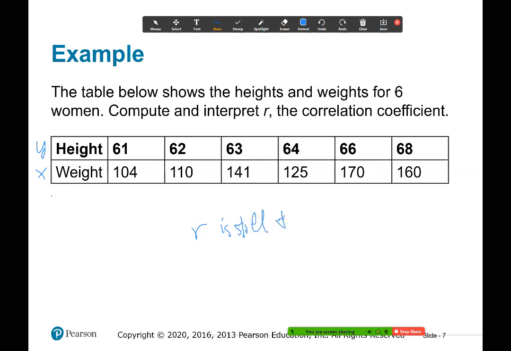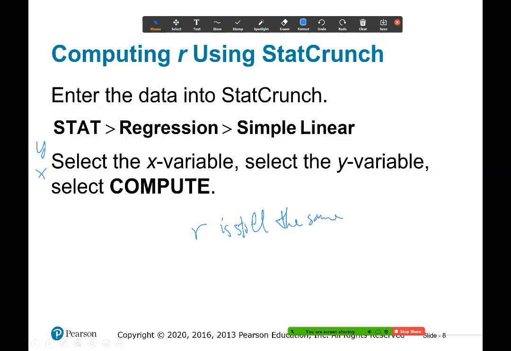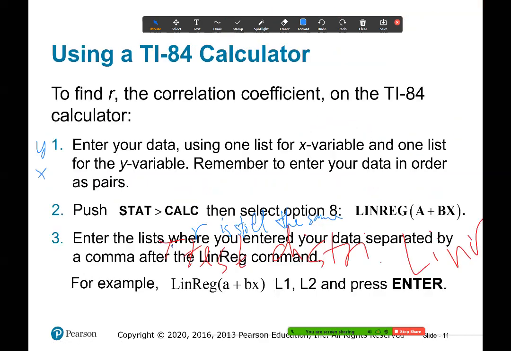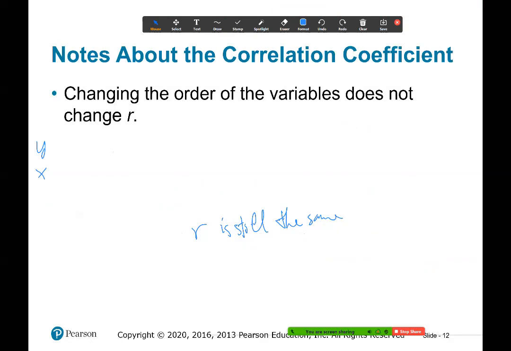That's what they want to tell you on this page. Let's move to the next.